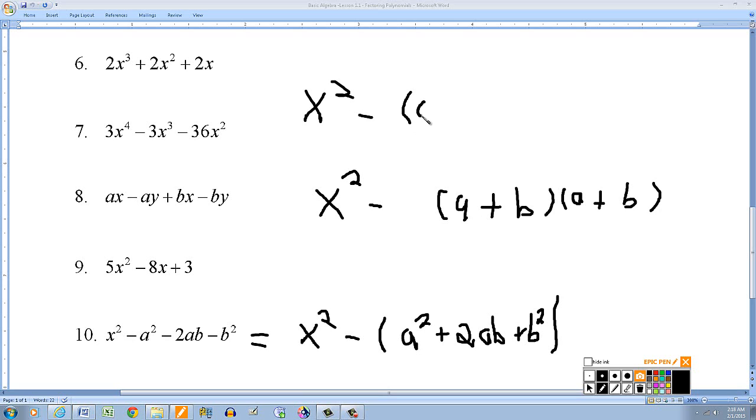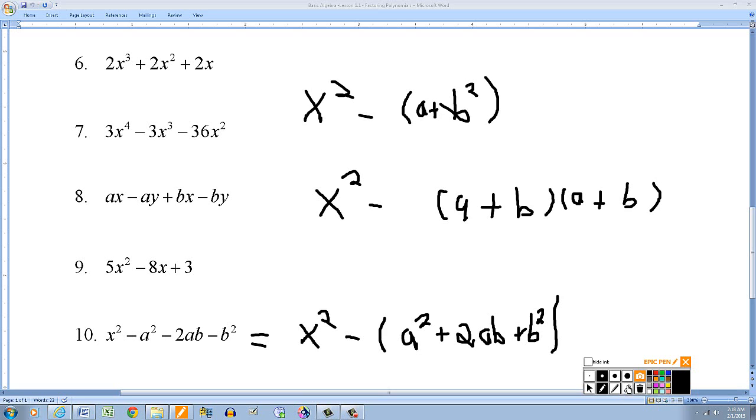Okay, so now I've written this as a difference of two squares. Notice it's x squared here and (a plus b) squared. So think of the first term as being the x and the second term being the a plus b. And let me fix this, the square should be outside here. There you go, like that.